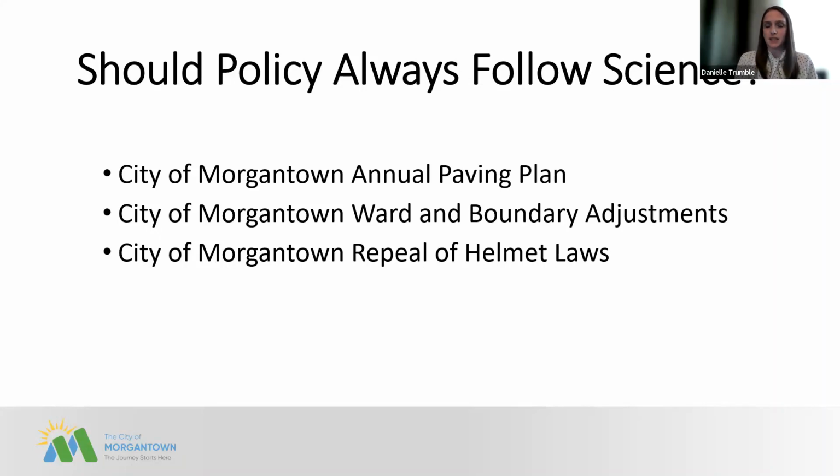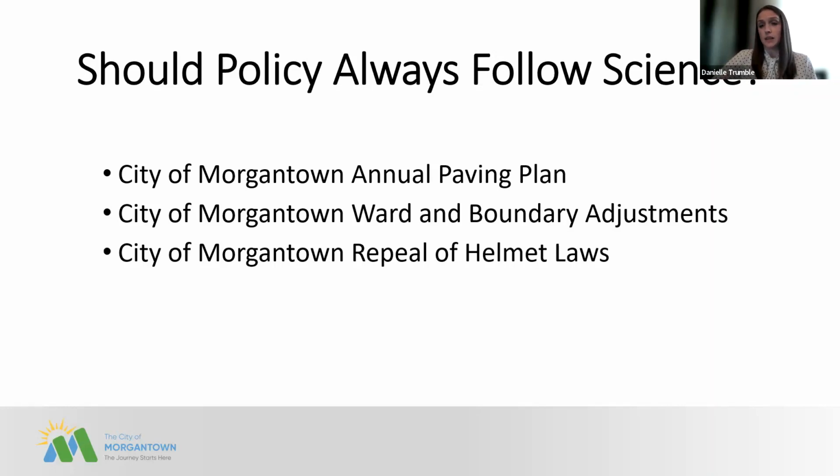There's been mixed science on those, mixed data for the last decade or so. I think everyone knows it's a great idea to wear a helmet when you're riding a bicycle, but there's conflicting information about whether it prevents injuries or makes that much of a difference.